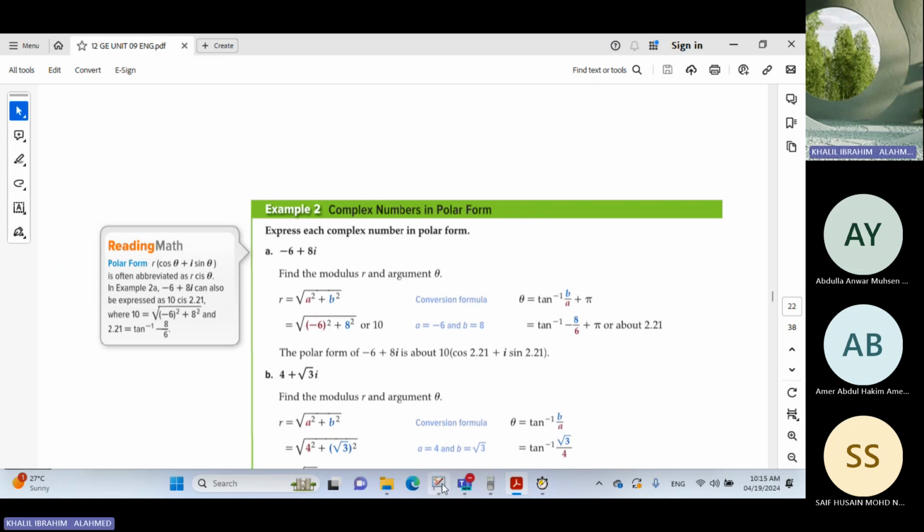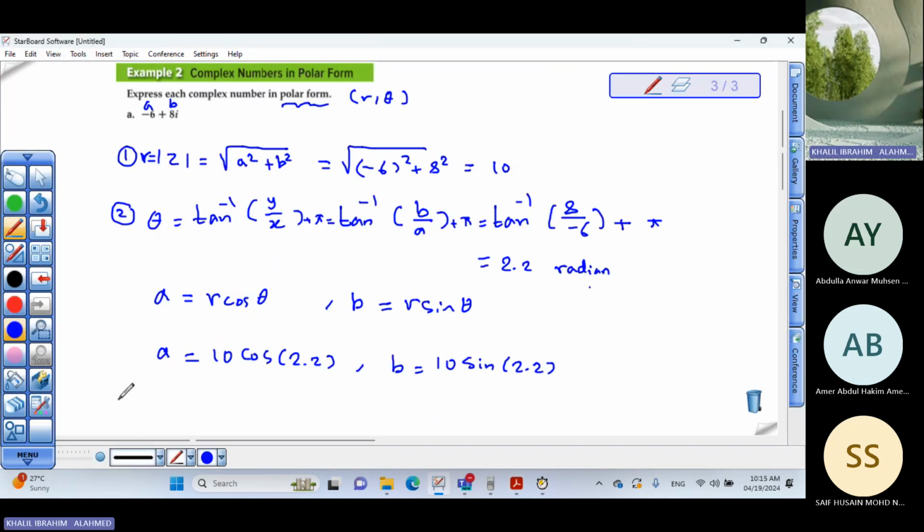Okay, good. Step 3, we can write z equals a plus bi, which equals 10 cosine 2.2 plus 10 sine 2.2, and here I should put i.